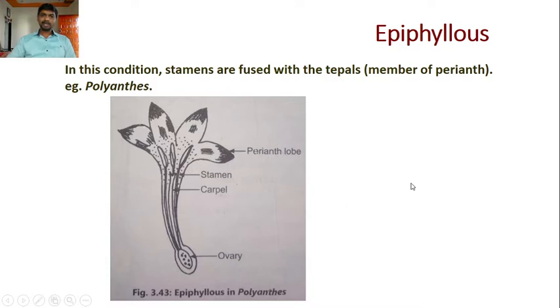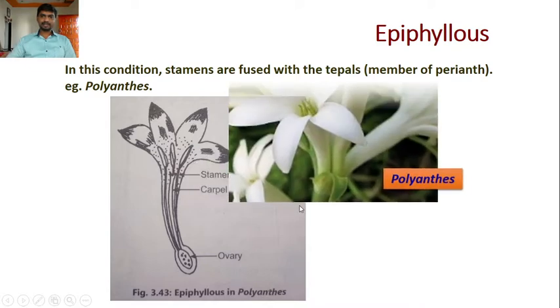Because in Polianthes there is no differentiation between calyx and corolla, there is a presence of a perianth. So the stamens in this case are fused with the tepals. This is the diagram of Polianthes, where you can see the stamens attached to the tepals, that is the perianth. This condition is called epiphyllous condition.